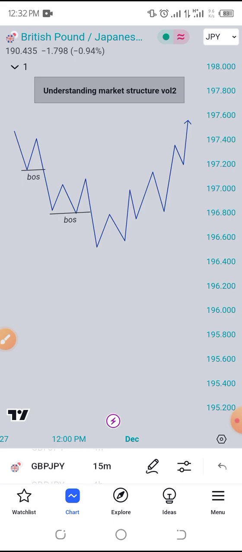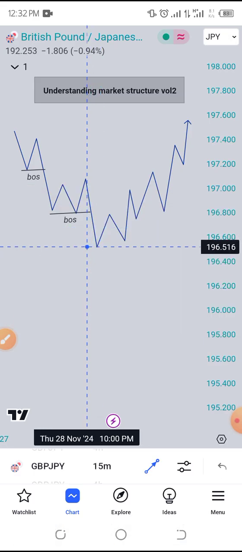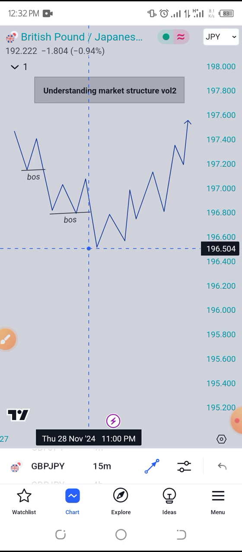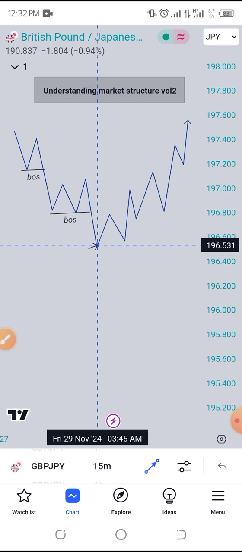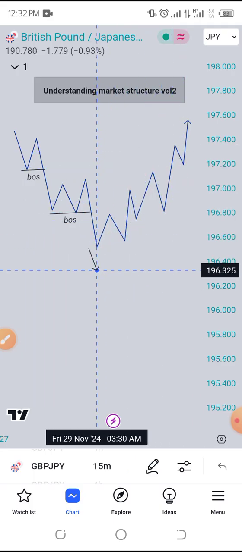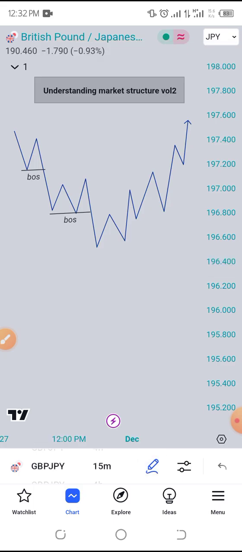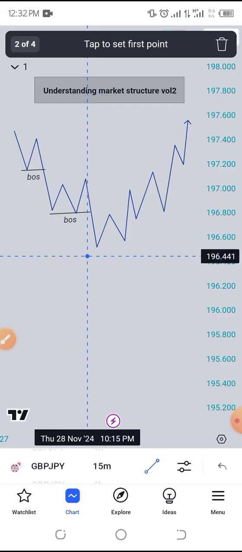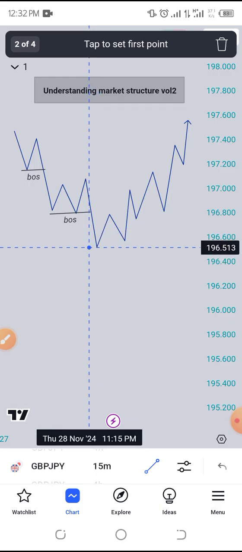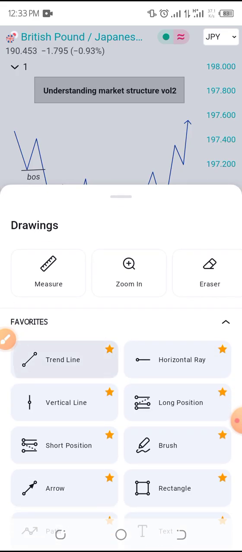So at this point, where this particular low was not taken out, you begin to expect price to shoot up in the opposite direction. Now let me show you something. This was a low that was not taken out, and a high formed right here.